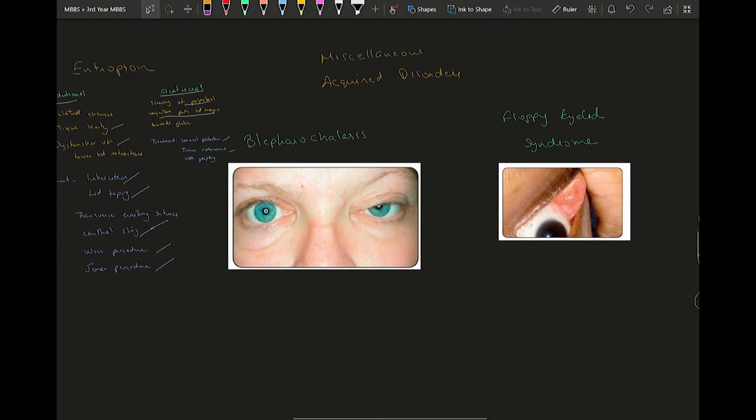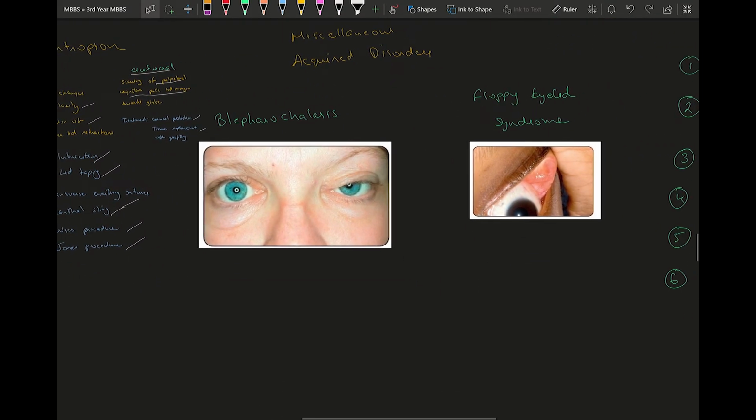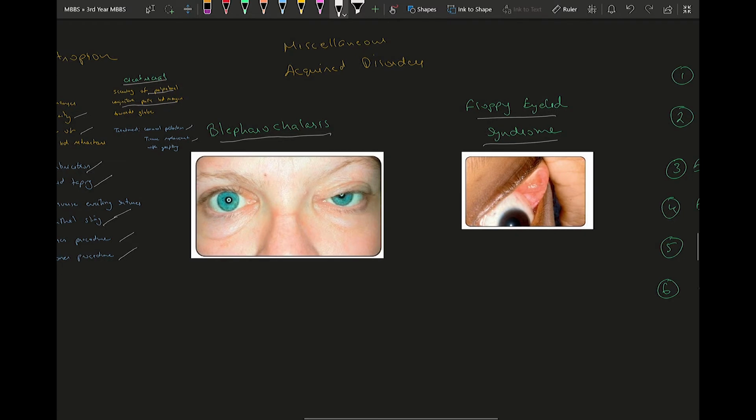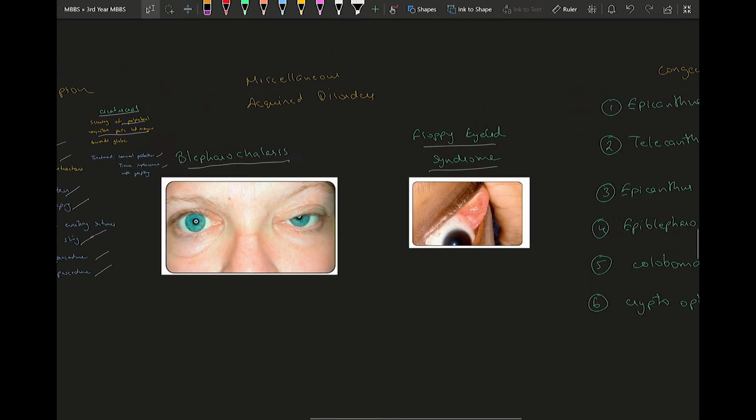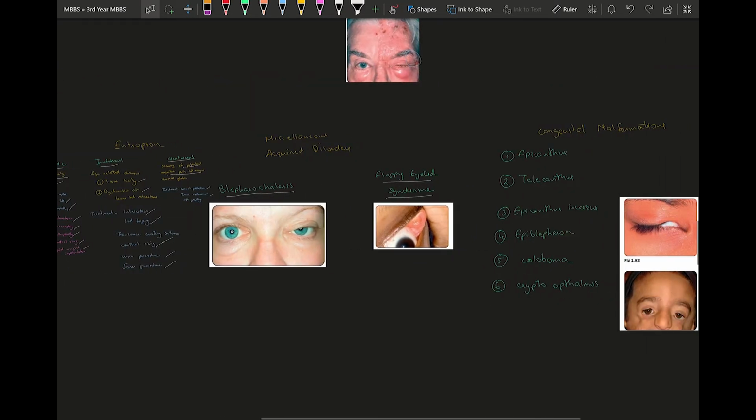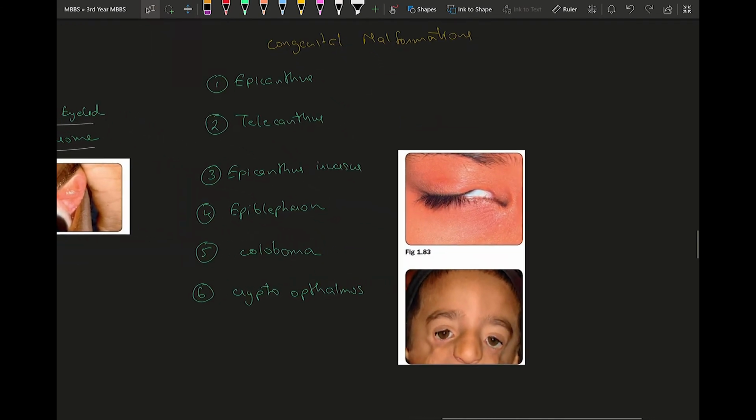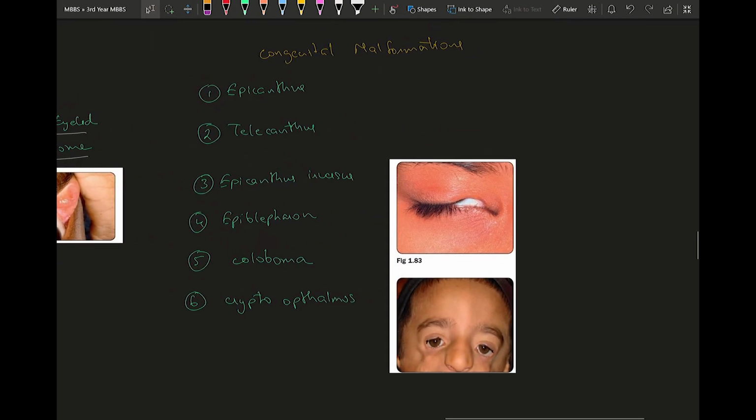Other diseases which you need to read about are blepharochalasis, which is again a type of ptosis, and floppy eyelid syndrome. They are interesting conditions. If you have time, please go read about them. And then finally we'll talk a little bit about the congenital malformations. The picture shown here is of coloboma, which is the most important one of them.